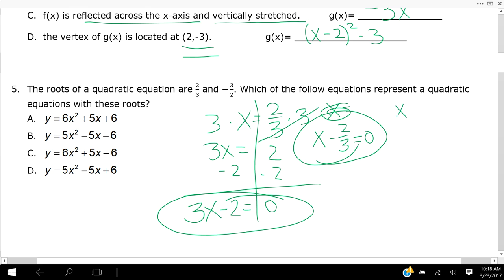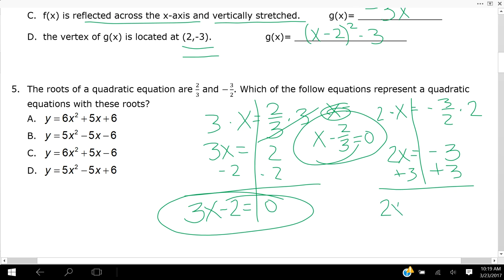If I have x equals -3/2, to set it equal to 0, I'm multiplying both by 2. So I have 2x equals -3. I'm going to add 3 to both sides. I end up with 2x plus 3 equals 0. Now I'm going to multiply this and this together.